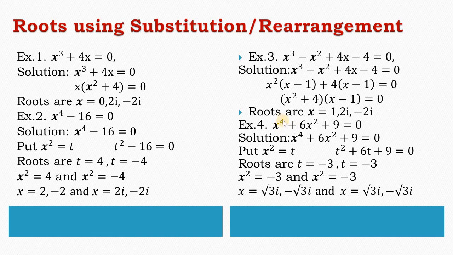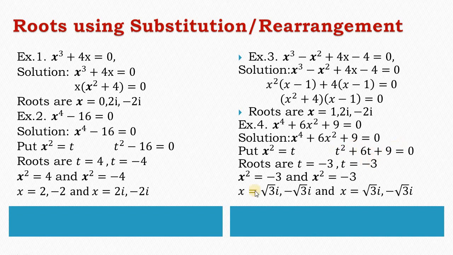x square is equal to minus 4 means x is 2i, minus 2i. Another one: x raised to 4 plus 6x square plus 9. So here all the powers are even, and I can use x square is equal to t. So this polynomial is reduced to t square plus 6t plus 9, which is quadratic. And by our previous method, finding the roots of a quadratic equation, minus b plus minus square root of b square minus 4ac upon 2a, you get the roots.